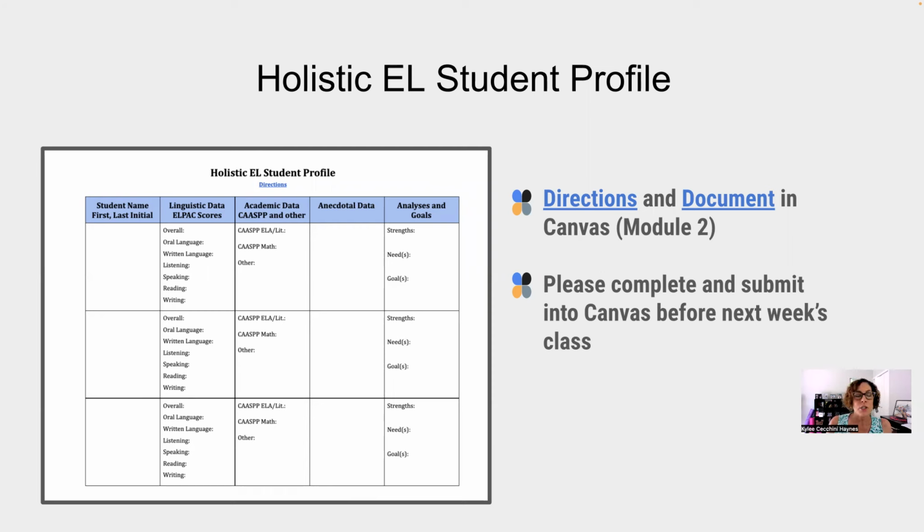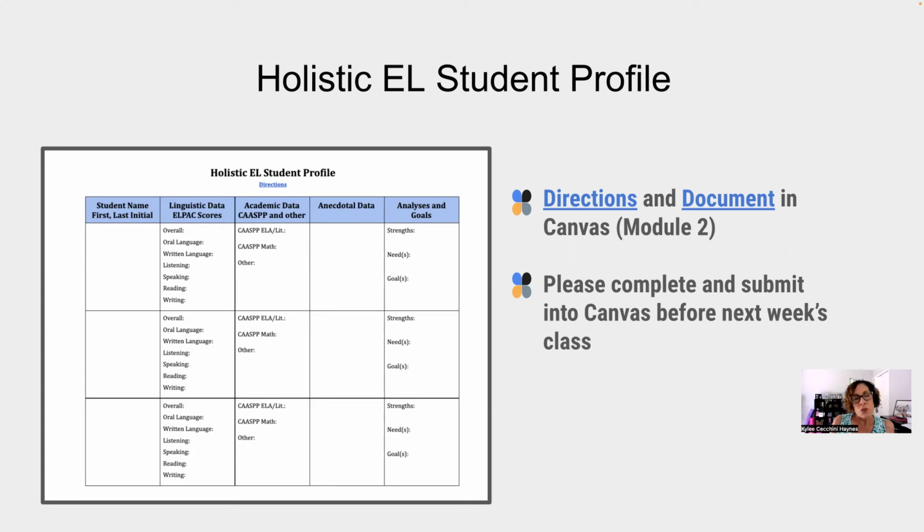As special education teachers, one of your main jobs is to gather data in order to guide you in your teaching of the student and next steps. So that's what this document does: it gives you a place to gather data, and from the data then create a goal or goals for the student.